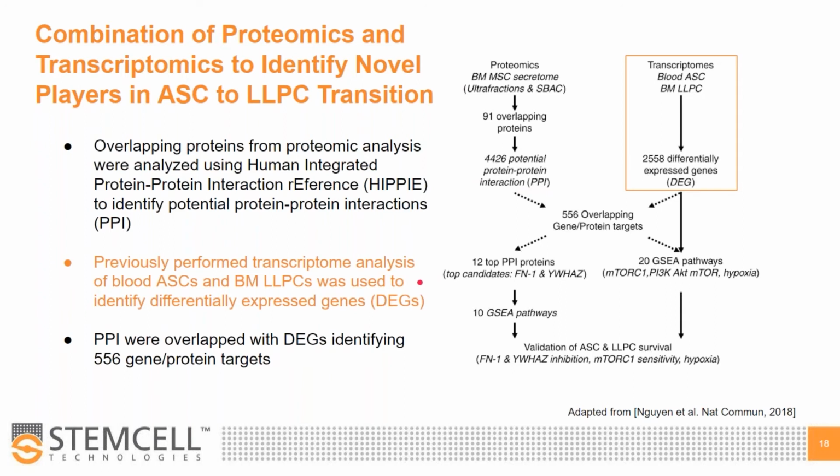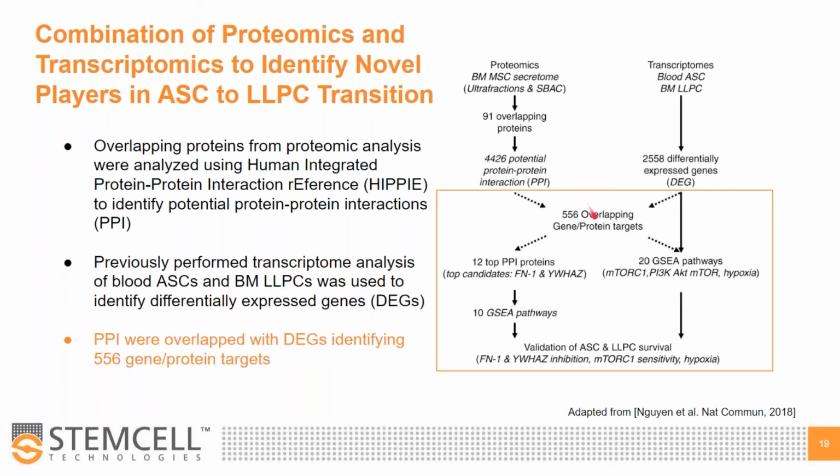So they took advantage of already existing transcriptomics data from blood antibody-secreting cells and compared it to bone marrow long-lived plasma cells. And from here, they identified over 2,500 differentially expressed genes. When overlapping these differentially expressed genes with the potential protein interactions, they were able to come up with 556 overlapping gene-protein targets.